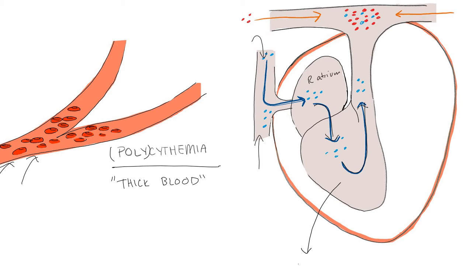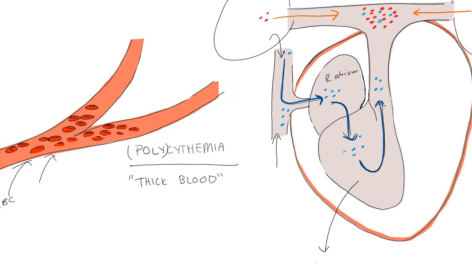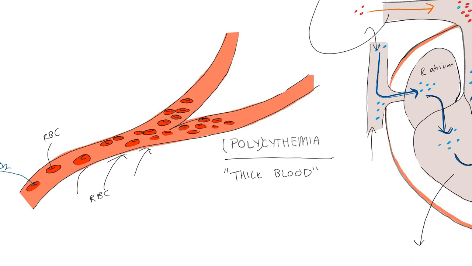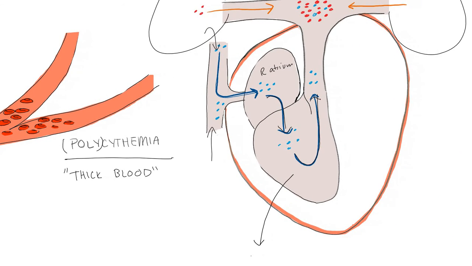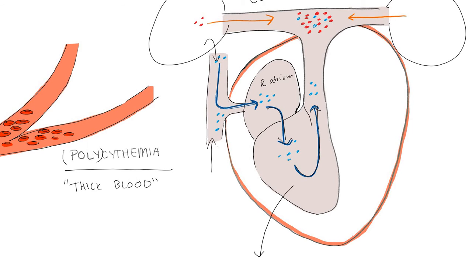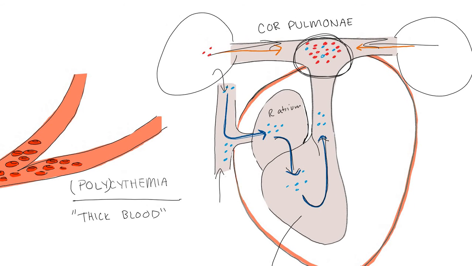The pulmonary arteries actually lead to the lungs to become oxygenated. But with this condition, that is not really possible. So there's a lot of extra blood being expelled into that system, and it's getting backed up in this place right here, which is called, it's a condition called cor pulmonale.